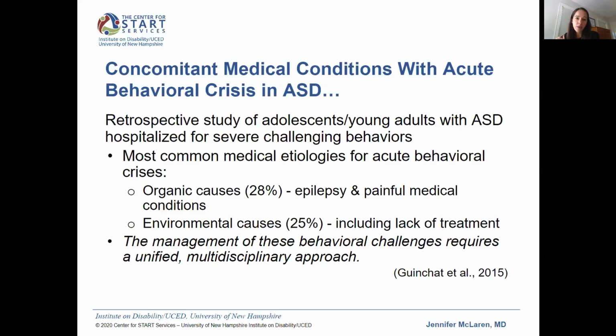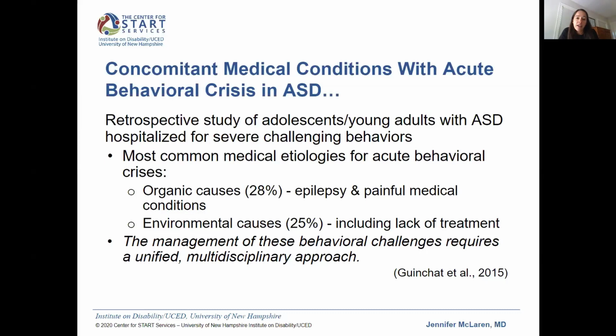And what they found was that there are some common medical etiologies for acute behavioral crisis in people with autism spectrum disorders. And one of those is epilepsy. And we heard Dr. Beasley's story about the individual that she cared for who struggled with epilepsy that contributed to his challenging behaviors. And the other is painful medical conditions.